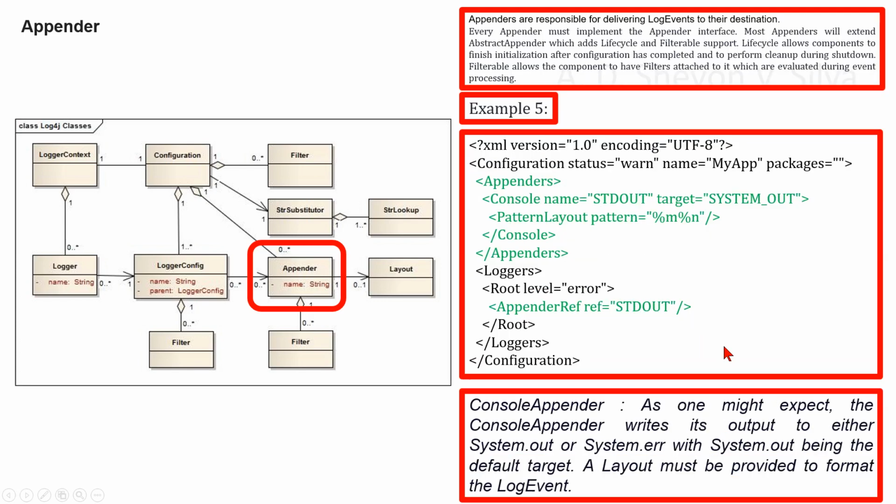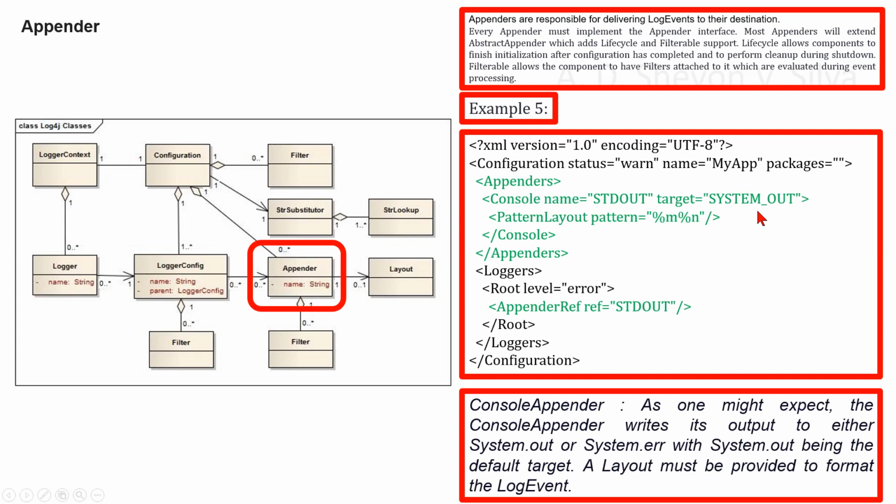This is a typical console appender configuration. As one might expect, the console appender writes its output to either system.out or system.err, with system.out being the default target.